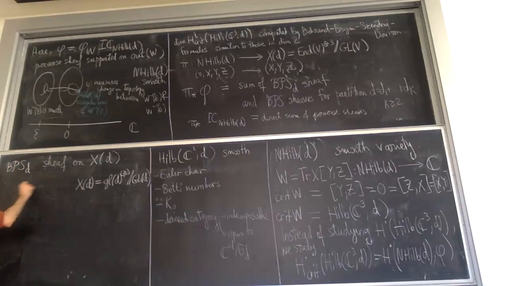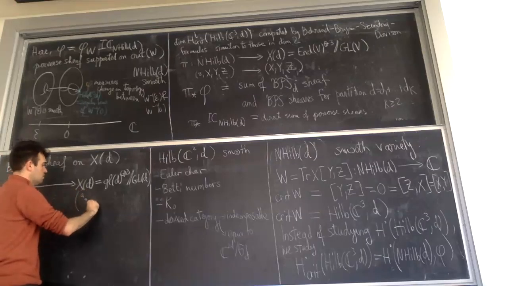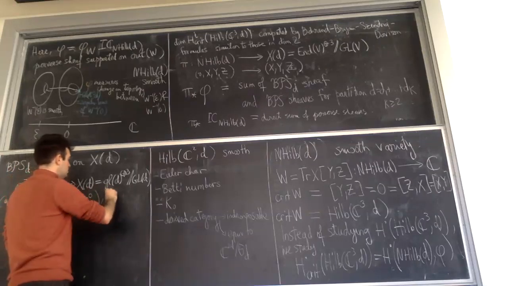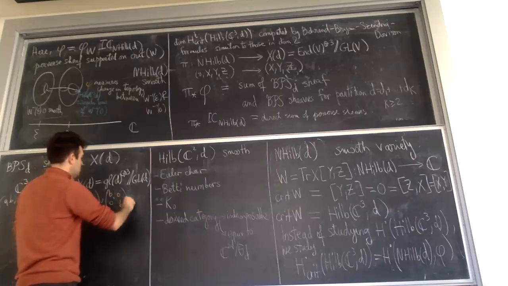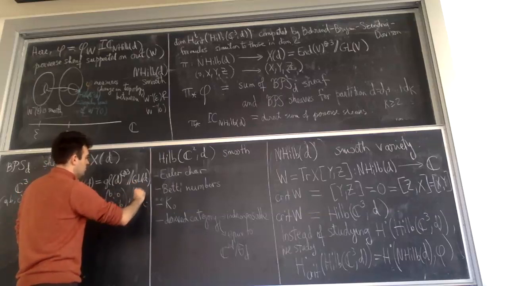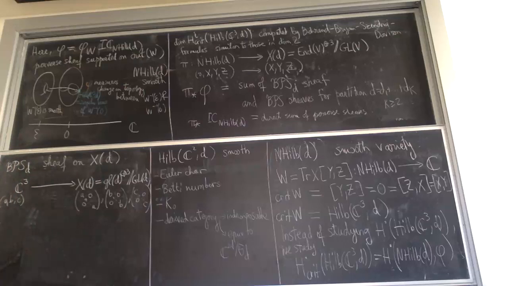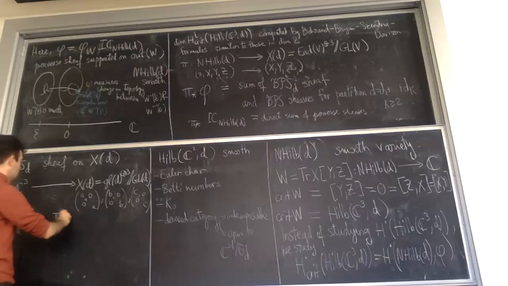And inside XD, we have a copy of C3. We consider diagonal matrices, whose image are diagonal matrices of this form, just the multiples of the identity, a, b, c. So then this BPS sheaf is just the push forward of the diagonal of the IC sheaf on C3.